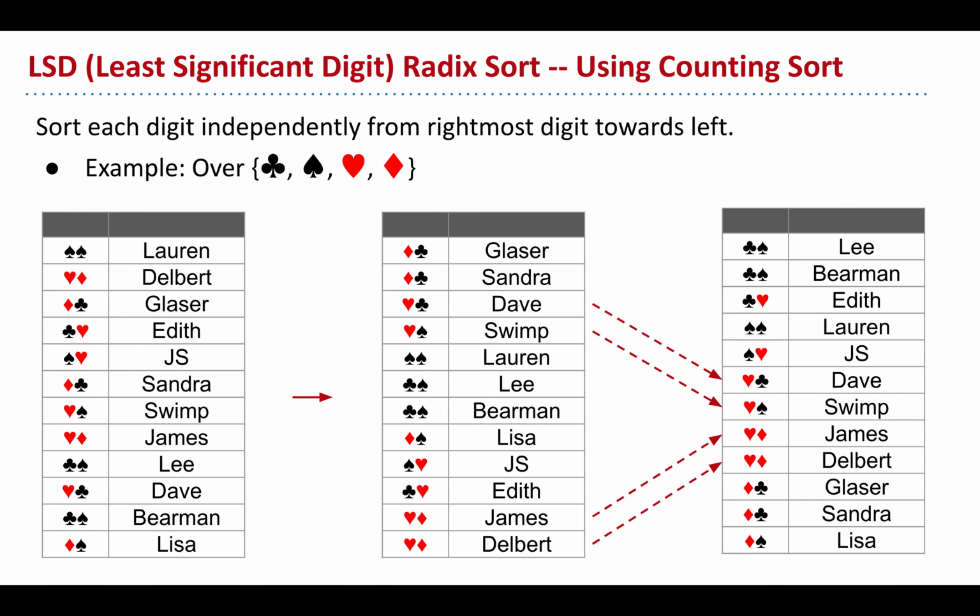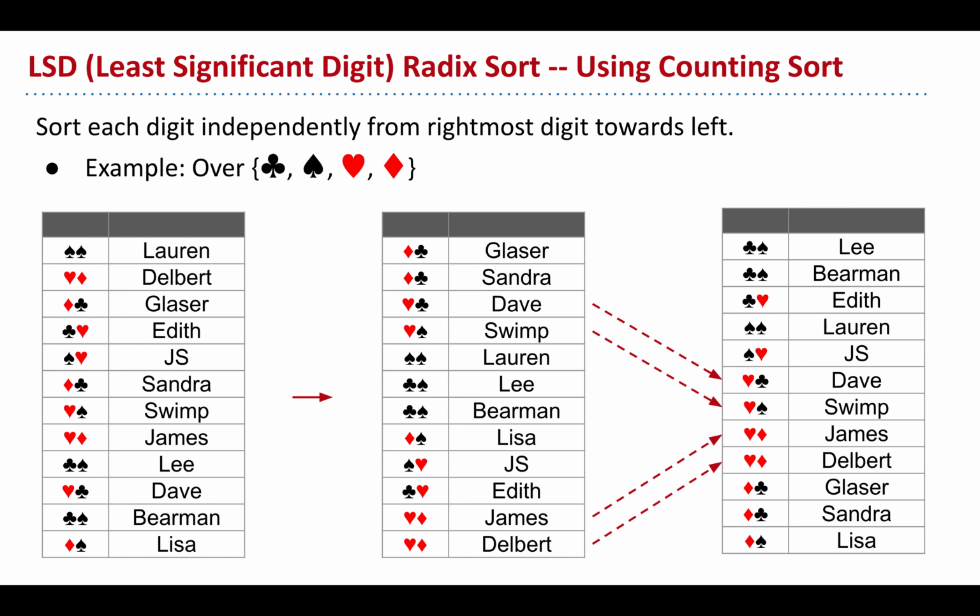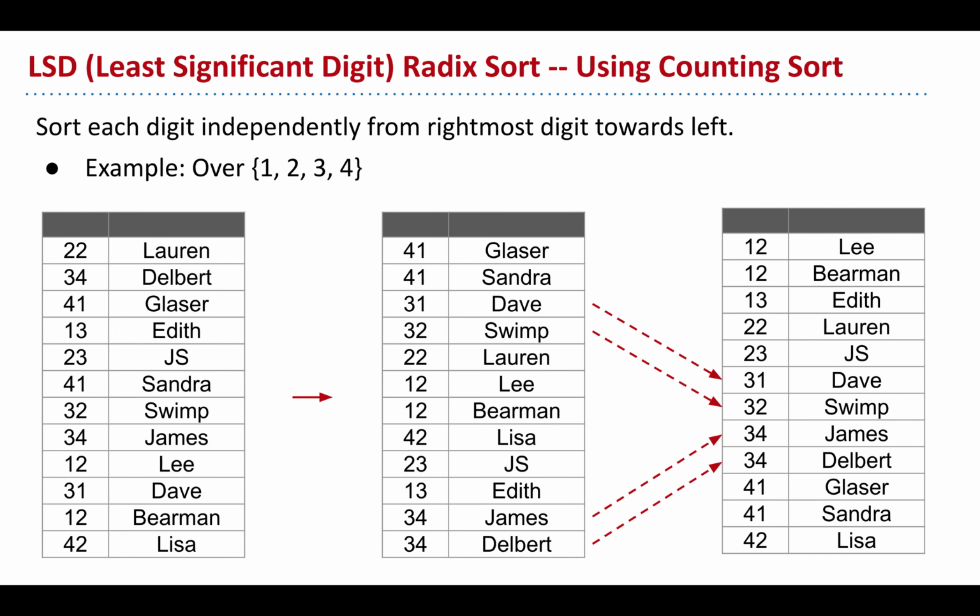So that was an example with suits, which may have been kind of confusing because not everyone was familiar with what cards are. So if we swap it out with numbers, clubs become 1, spades become 2, hearts become 3, and diamonds become 4, then it starts to make more sense, right? If we have our keys as numbers, we know that 22 should be above 41 at the end, like Lauren should be above Glasser.